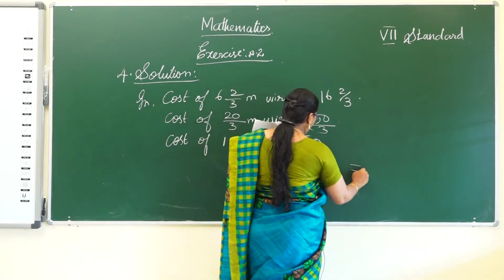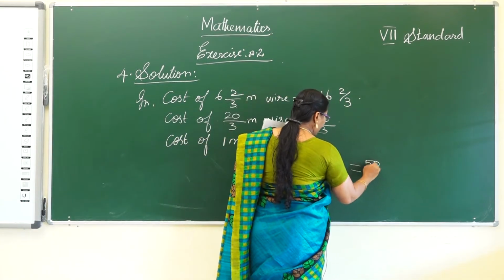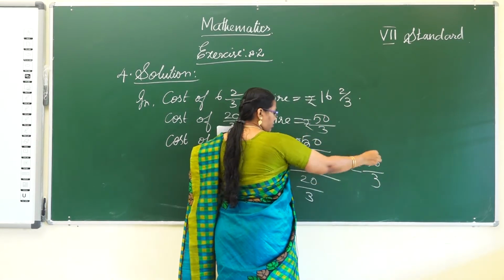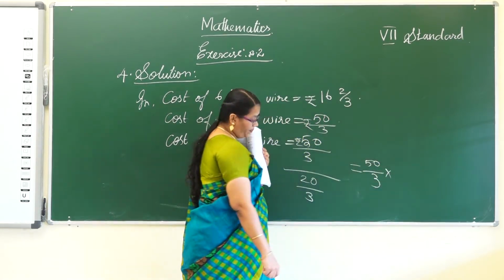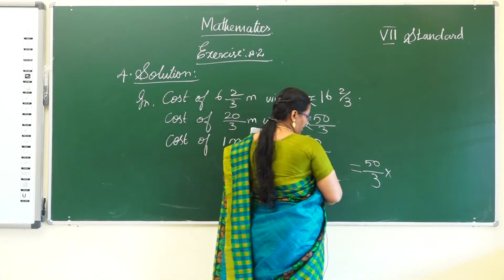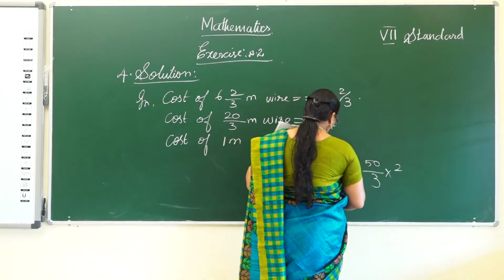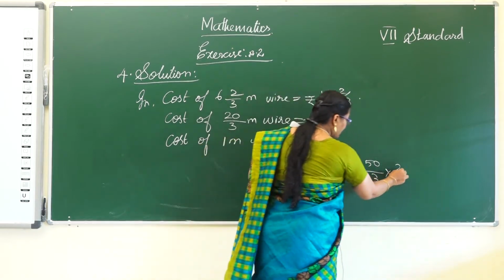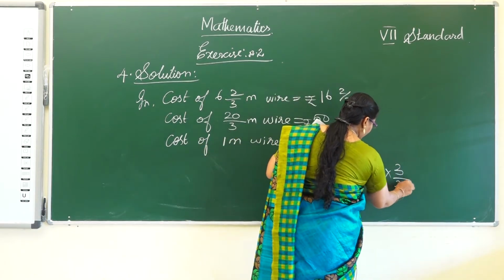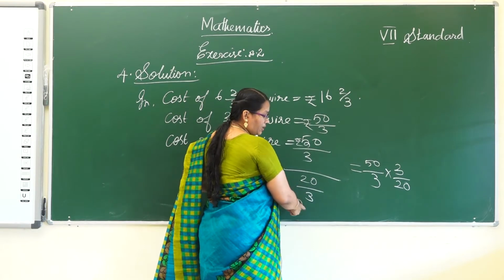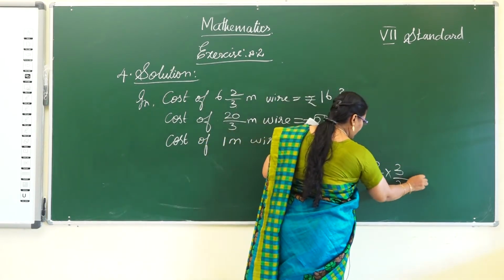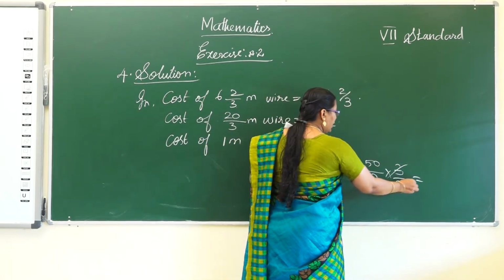So it can be written as 50/3, move to the numerator, change the division sign to multiplication, and the reciprocal of 20/3 is 3/20. 3 and 3 will be cancelled, 0 and 0 cancel.